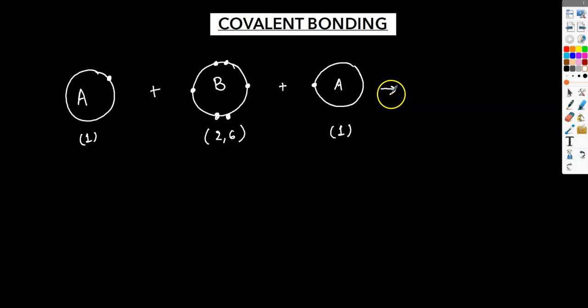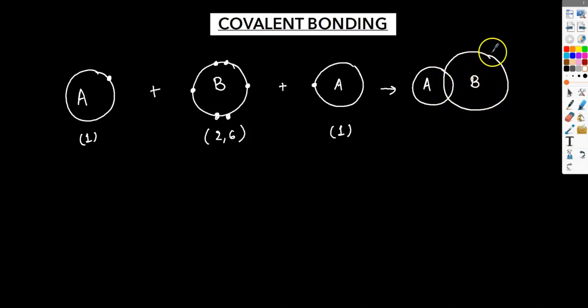Now you will see how they share their electrons. B is in the center, and A and B would each have a pair of shared electrons.